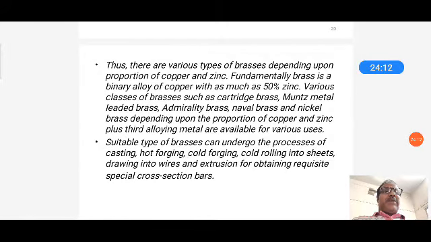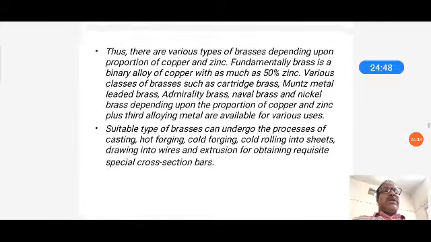The suitable type of brasses can undergo casting, hot forging, cold rolling into sheets, drawing into wires, and extrusion for obtaining requisite special cross-section bars obtainable for specific applications. That's alpha plus beta brasses.